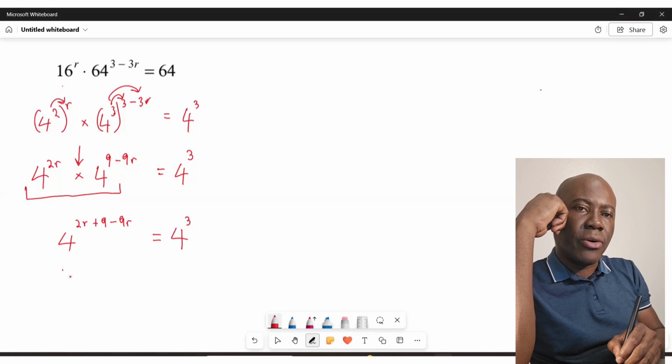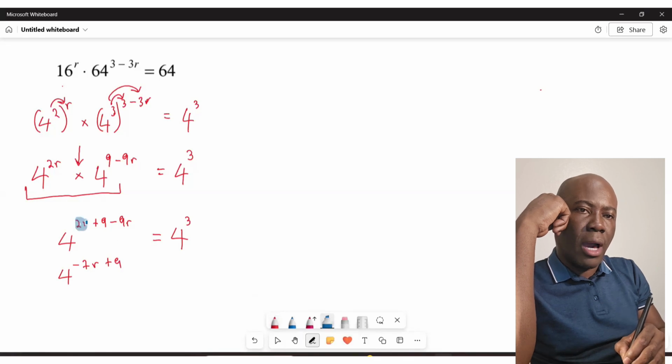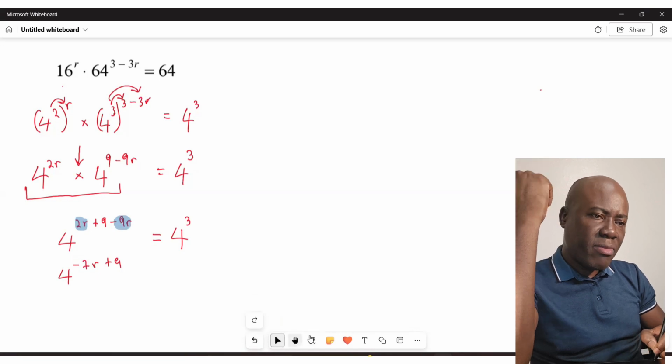So here's the idea though. Finally, you could actually combine the 2r with the negative 9r. That's going to give us negative 7r with a plus 9. Again, this 2r with a minus 9r will give us negative 7r.